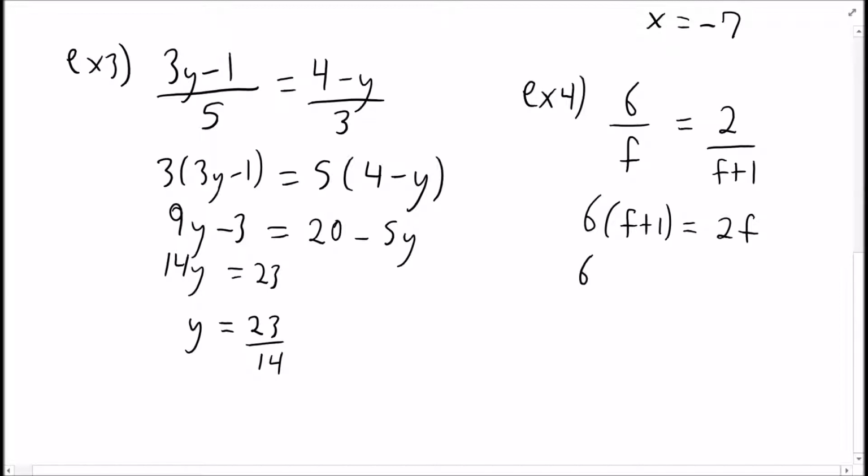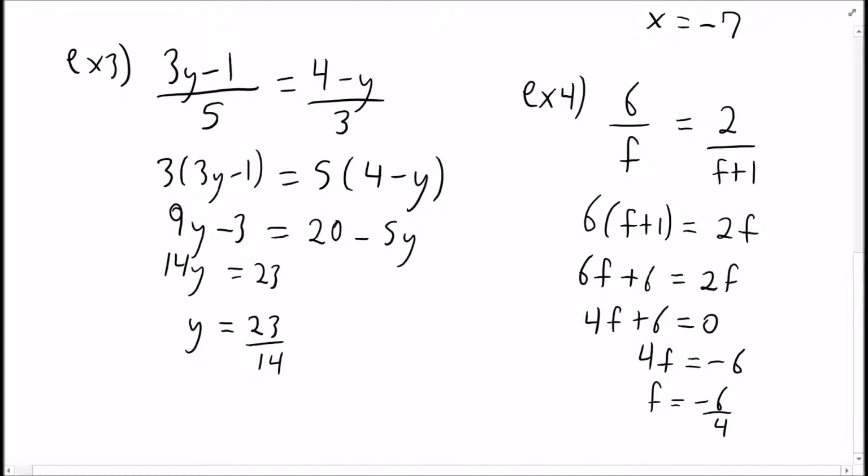Multiply the 6 in, so I get 6f plus 6 is equal to 2f. I'm going to subtract the 2f, so I get 4f plus 6 is equal to 0. The next step would be to minus 6, so I get 4f equals negative 6, and then I would divide by 4. So f is equal to negative 6 over 4, and that's the same as negative 3 over 2, or negative 1.5.